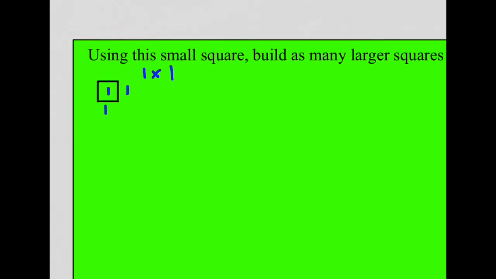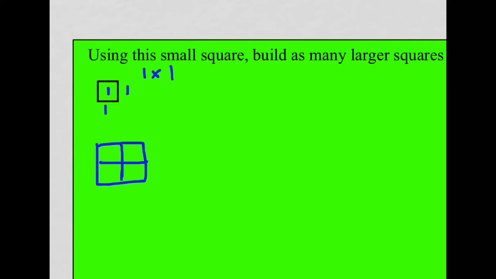Okay, the next size square I could make using those little squares would be if I did something like this. It's not going to be perfect, but I could use 4 of those squares to make another square.